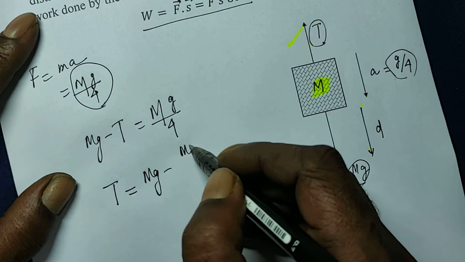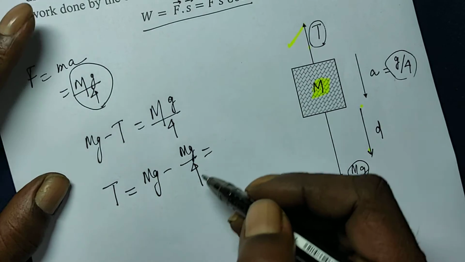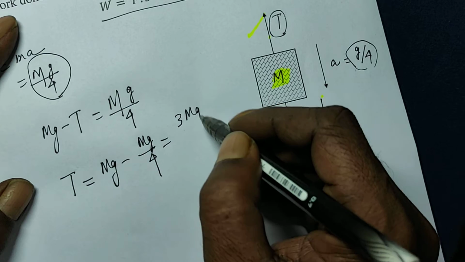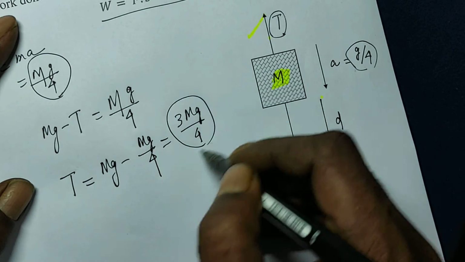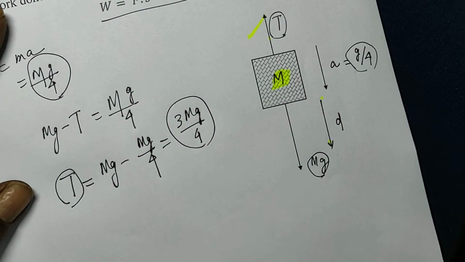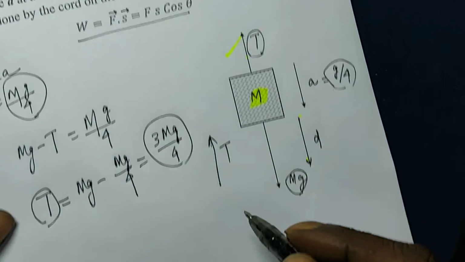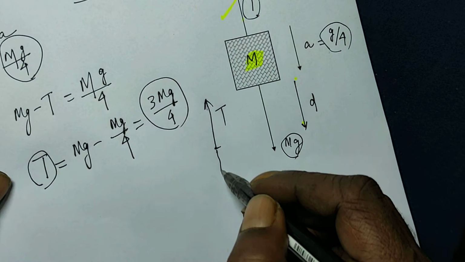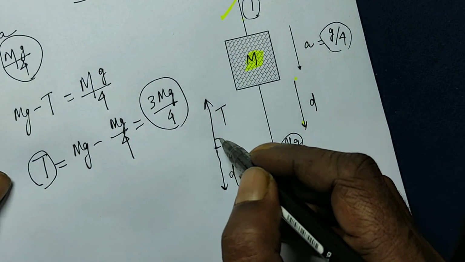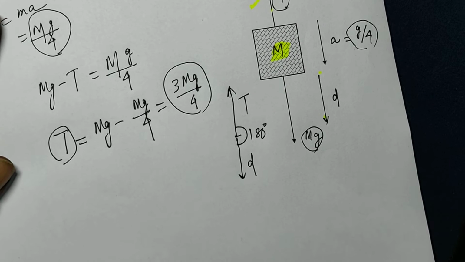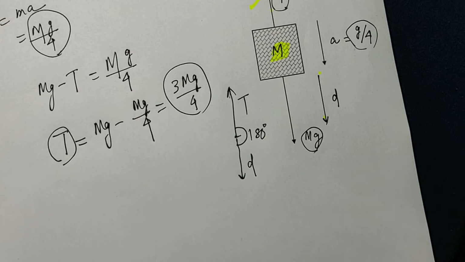So your T comes out to be mg minus mg by 4, so 4 mg minus mg, which is 3 mg by 4. This is the tension, and it is directed upward, and the displacement vector is downward, and the angle between them is 180 degrees.